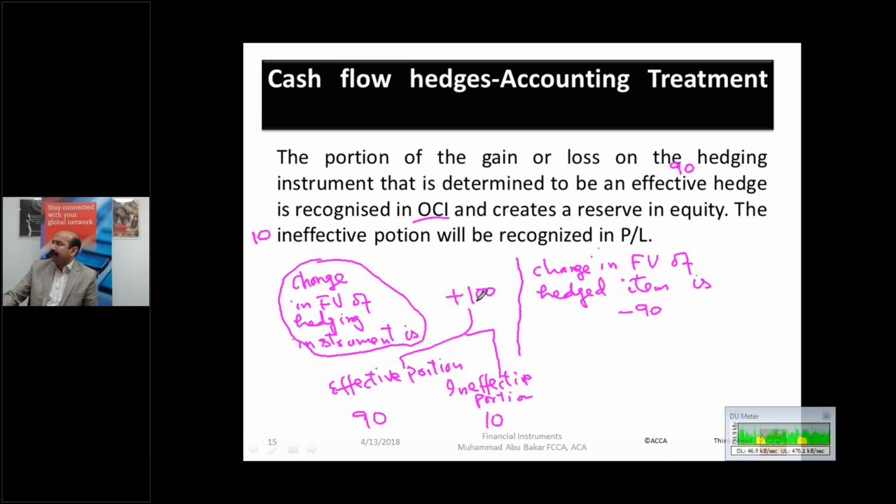In this gain, the effective hedge, meaning 90 out of 100, exactly offsets your loss. The amount of effective hedge is equal to the loss in the hedged item. So this is the effective portion of 100. 10 is ineffective portion. This will be charged to the profit and loss. I hope this is clear.